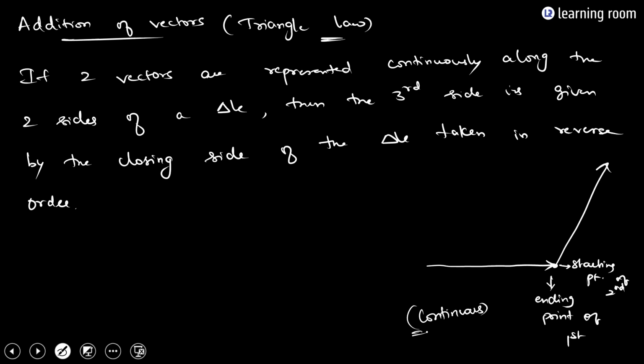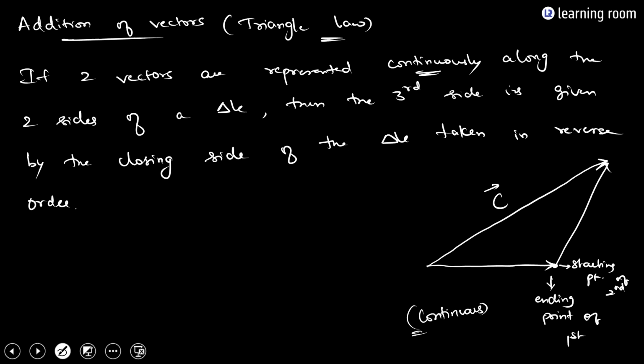Read the statement: if two vectors are represented continuously along two sides of a triangle, then the closing side of the triangle, taken in reverse order, goes from the starting point of the first vector to the ending point of the second vector.